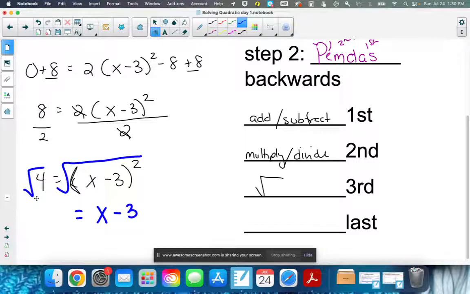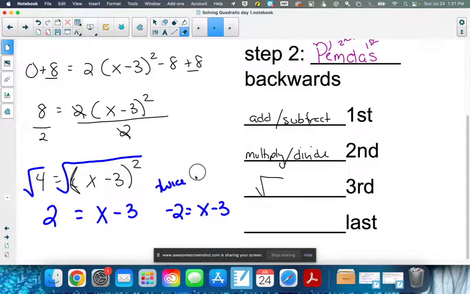But like I said before, the square root of 4 isn't just 2. It's also negative 2. So you actually have to rewrite the equation twice. Make a note to yourself on that one. Star it, heart it, underline it, highlight it, do something so that you remember to write the equation twice, once for the positive and once for the negative answer.